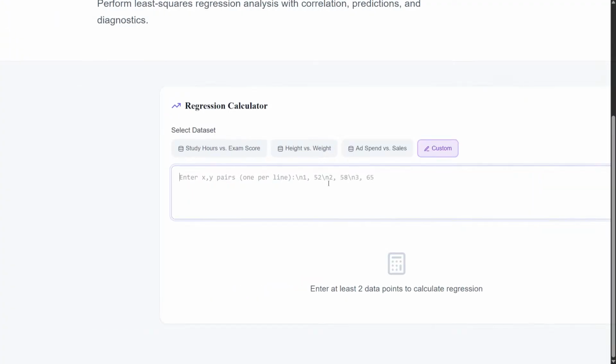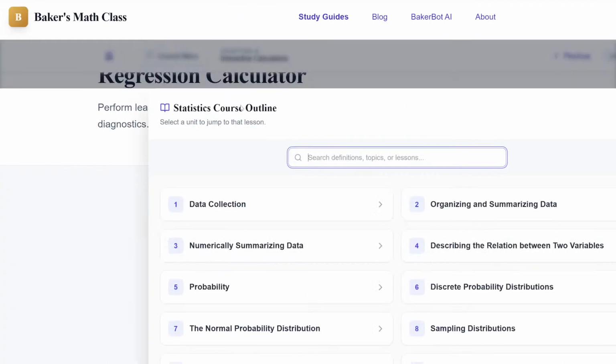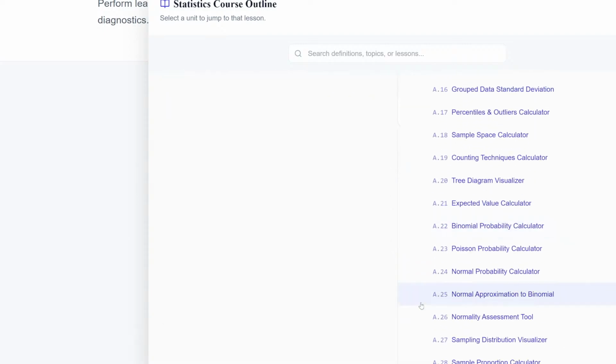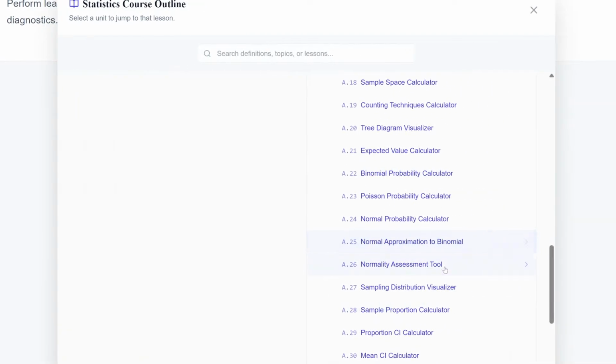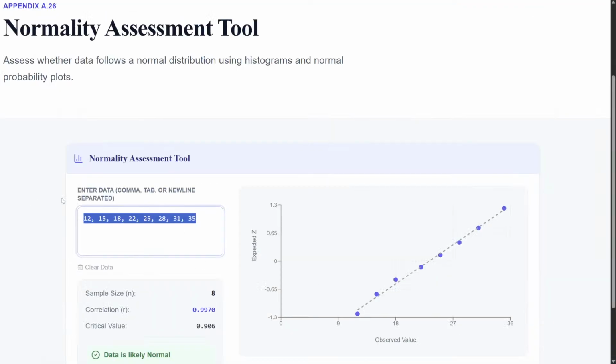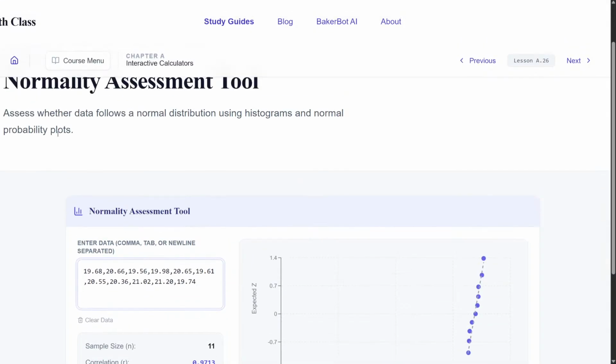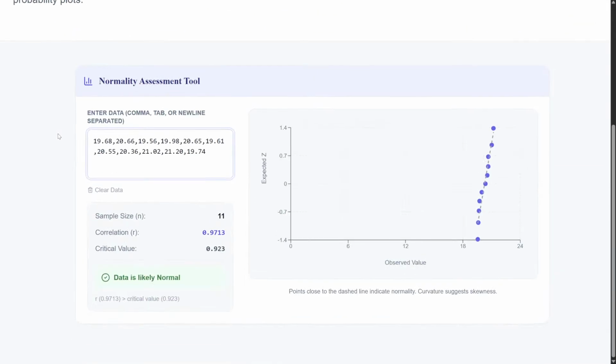That's regression. Where's my normal calculator? There it is. A26. So calculator A26 will actually test if the data is normal.